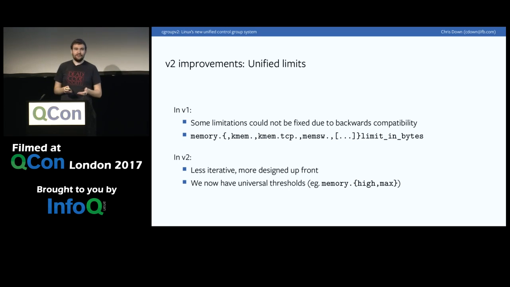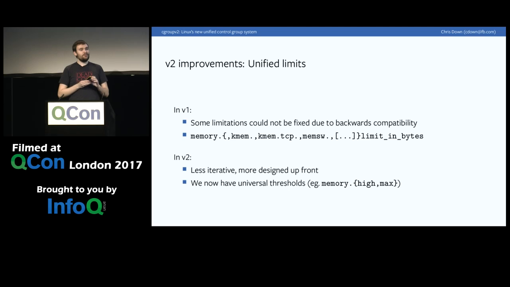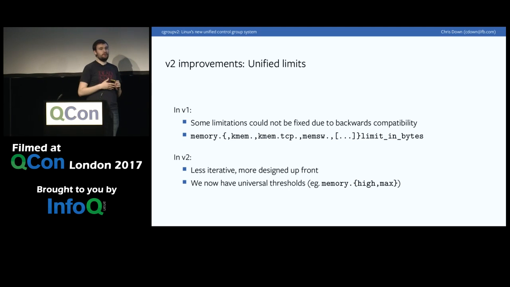The problem now is, say we are that person who wanted to set a limit on TCP buffers. We ended up with a solution which looks correct and doesn't work at all. So we set a limit, say with memory.kmem.tcp.limit_in_bytes. Then we set a general limit for all the general types of memory with memory.limit_in_bytes. And now, even if we have gigabytes and gigabytes of pages free for us to go and write, if you set a limit on the TCP buffers and you go one over, we just kill you.